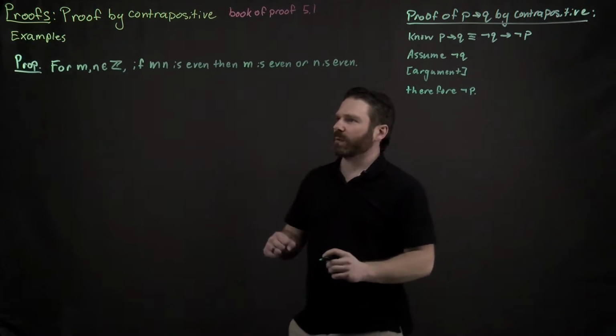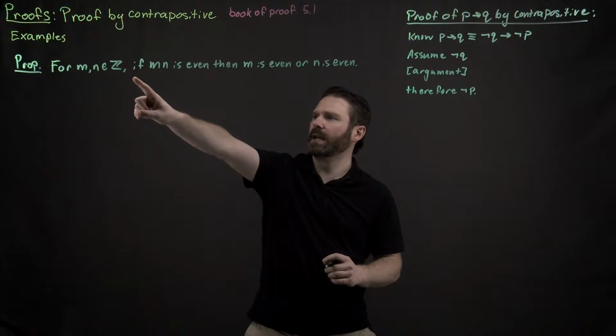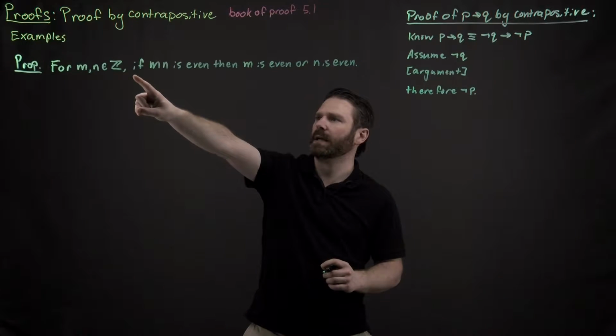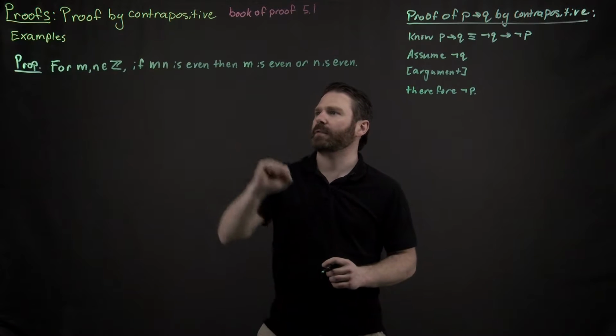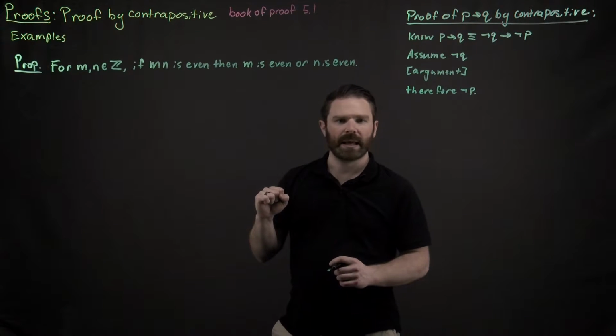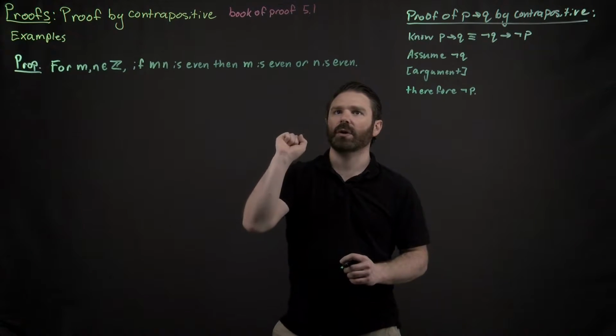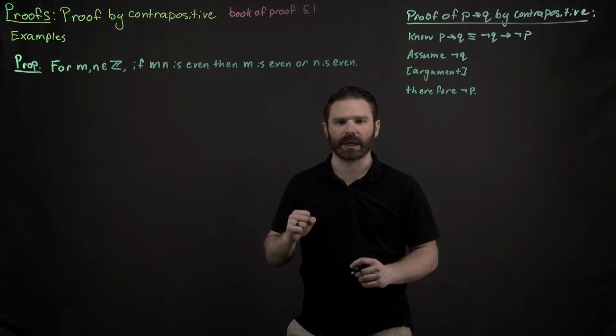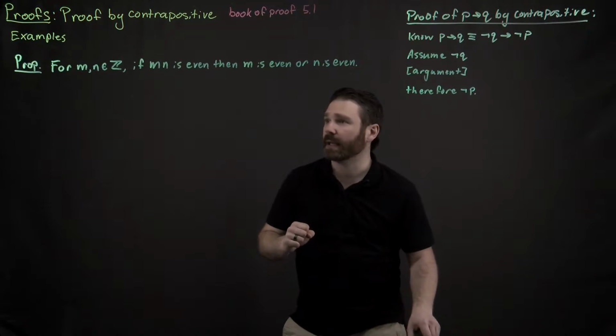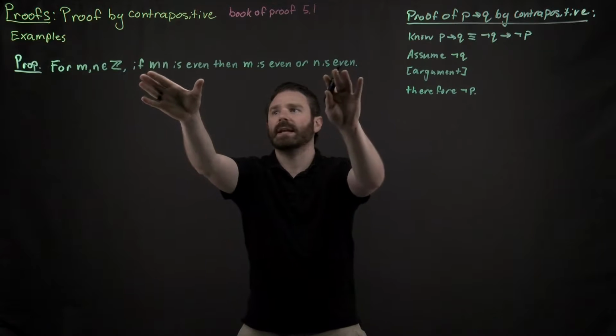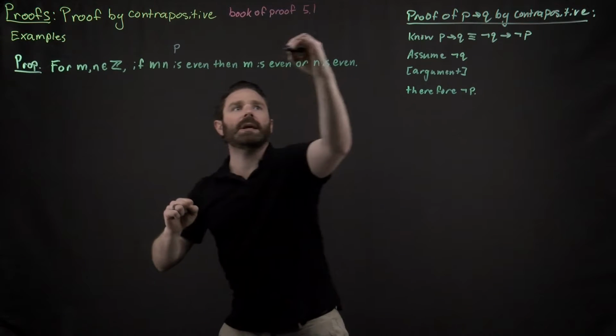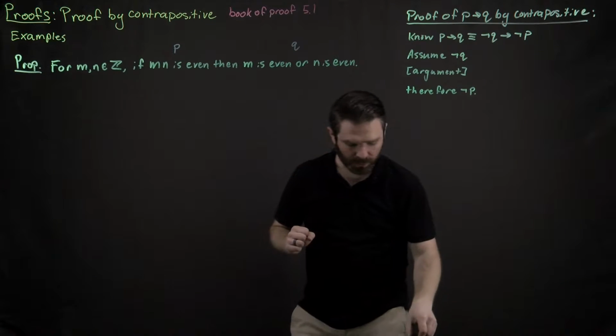For this proposition, we have integers m and n, and the claim is if m times n is even, then m is even or n is even. You can see again, we have an if-then kind of statement. So this is our P and that is our Q.